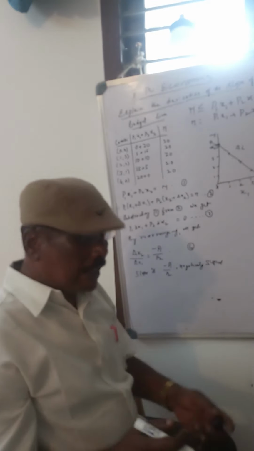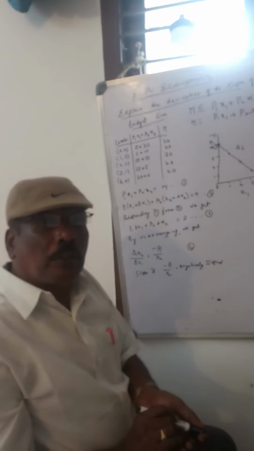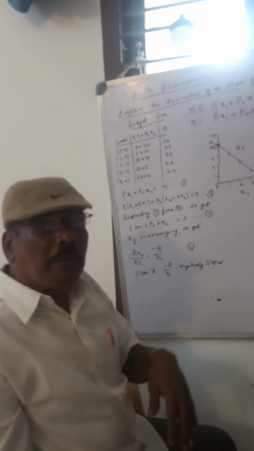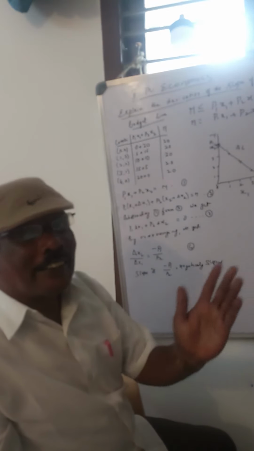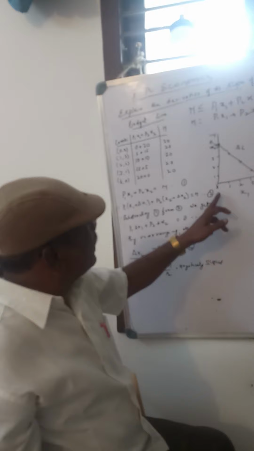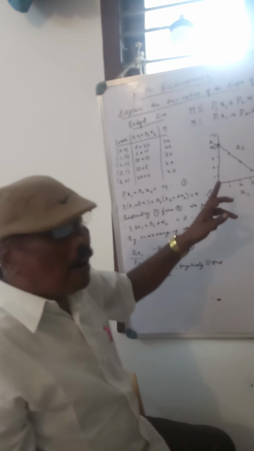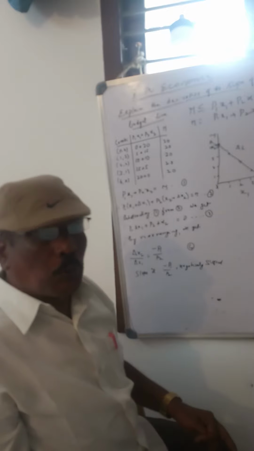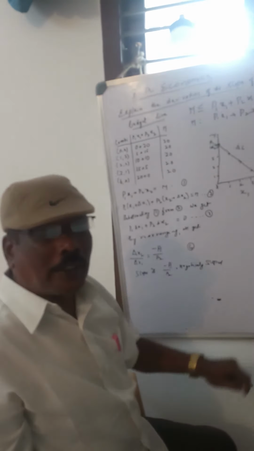What does it mean? It means as a consumer goes on consuming more of one commodity, he sacrifices the other commodity. He has to give up the use of the other commodity. When he was using OA of X2 commodity, he was not using any X1 commodity.